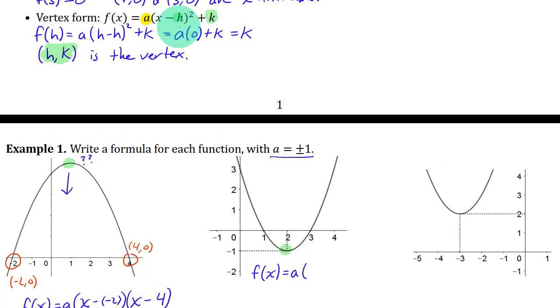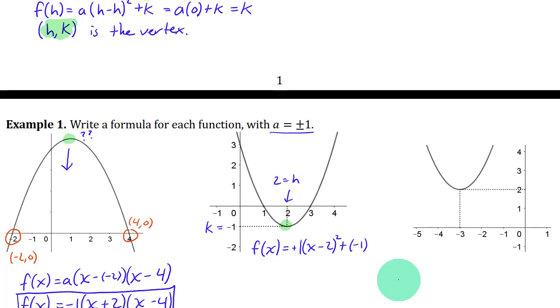The h is the x-coordinate of the vertex, which is 2. And the k is the y-coordinate of the vertex, which is -1. So we're going to write this as (x minus 2) squared plus -1. And the a is either positive or -1. In this case, it's going to be positive 1 because it opens upwards.